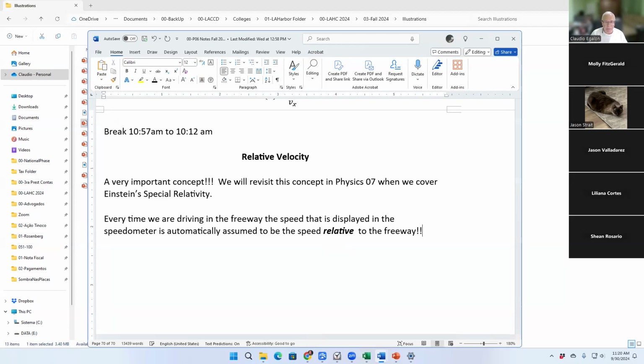There's no doubt about that, right? However, in physics, this is not necessarily so.